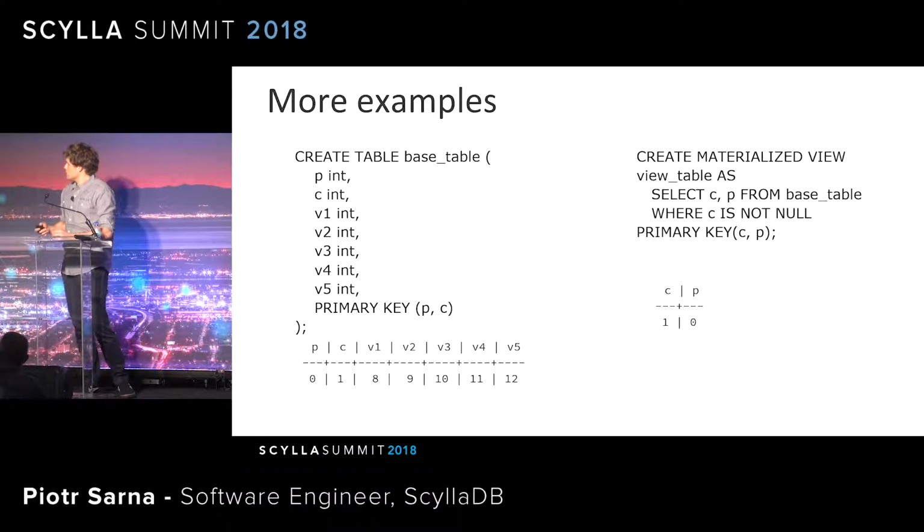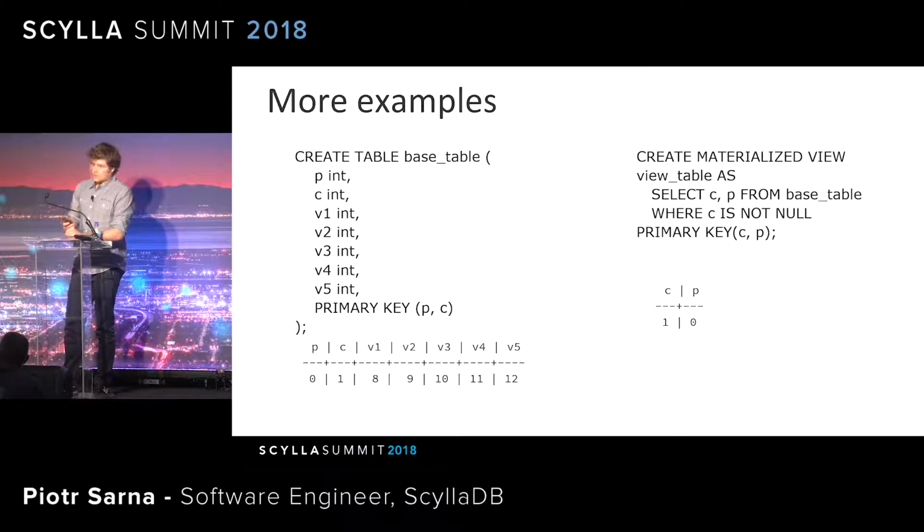Let's see some more complex examples. Here we have a table with a slightly more complicated schema. We have a partition key, a clustering key, and several values. And we want to create a materialized view where what we want to query is just what value of clustering column C is connected to our partition key P. So that's all we select in this statement.